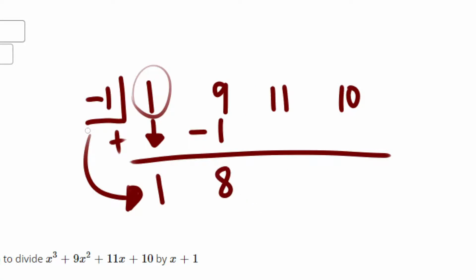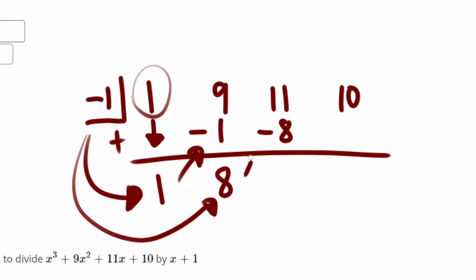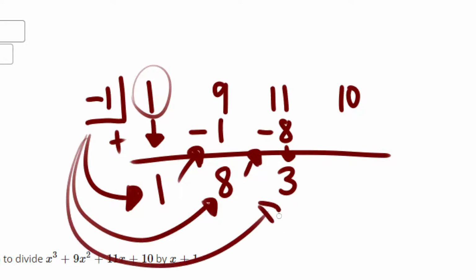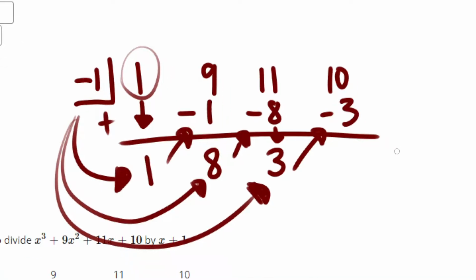Then we do negative 1 times 8, and that will give you negative 8, and that will give you positive 3, and you'll multiply that by whatever is in your cubby, and then that will give you negative 3, and then you'll have a 7 right there.